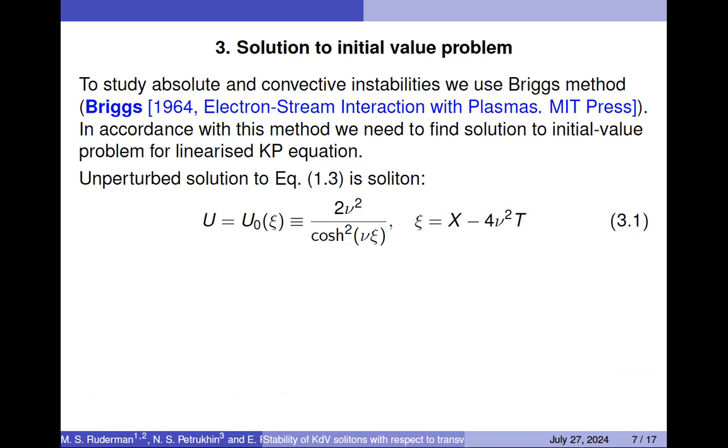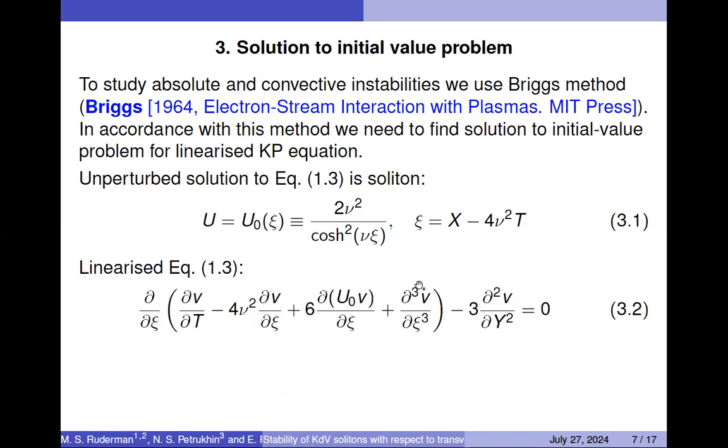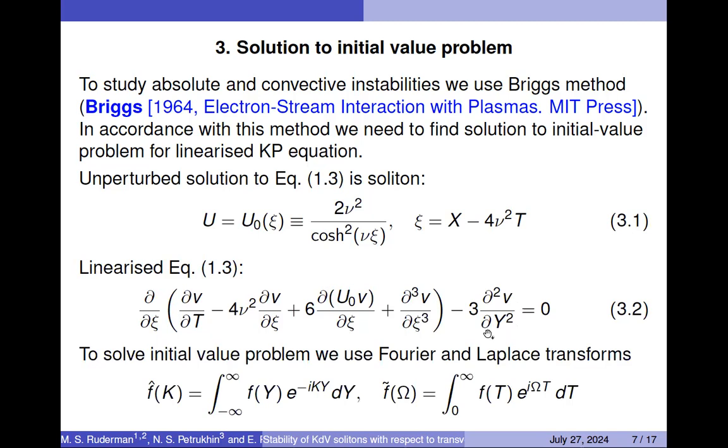The unperturbed solution to our equation is the soliton given by this expression. Now we linearize our equation about this unperturbed state and obtain this linear equation describing the evolution of the initial perturbation.